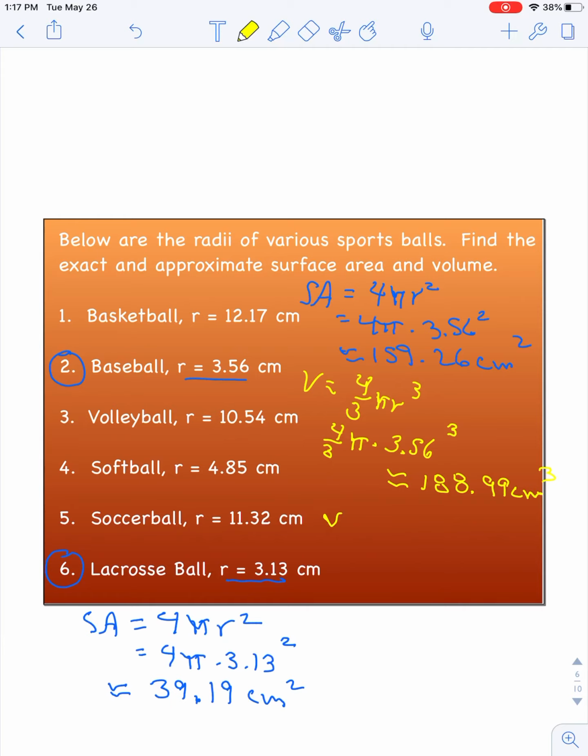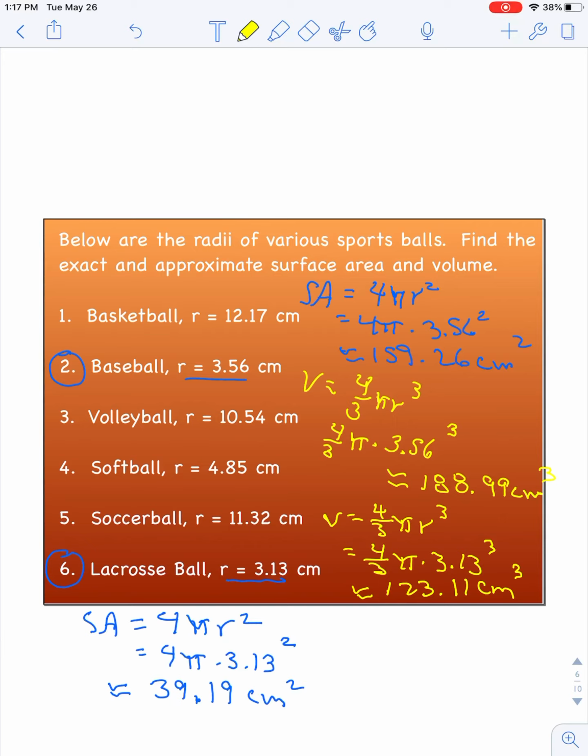Lacrosse ball, volume 4/3 pi r cubed would give us 4/3 pi times 3.13 cubed, which is approximately equal to 123.11 centimeters cubed. Oh no, I'm sorry.